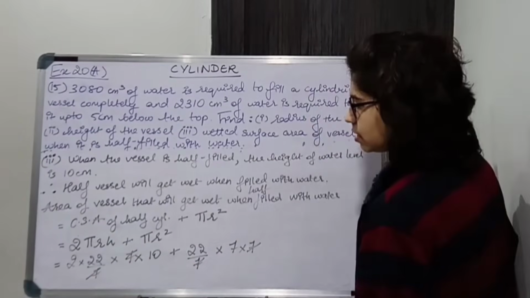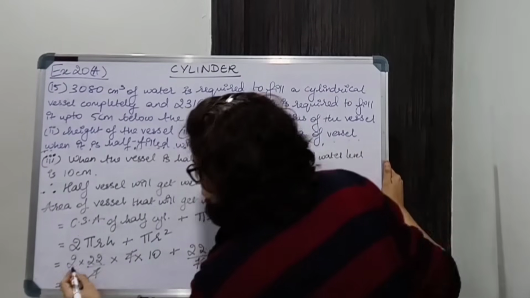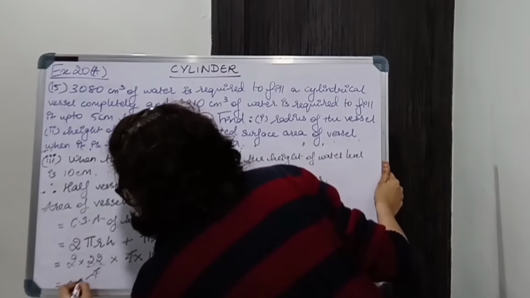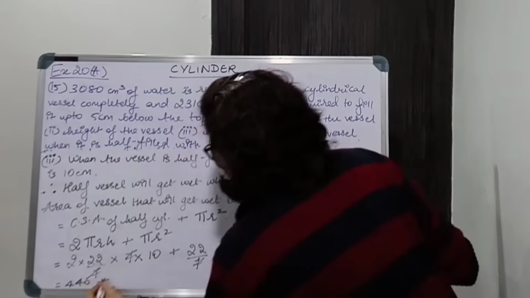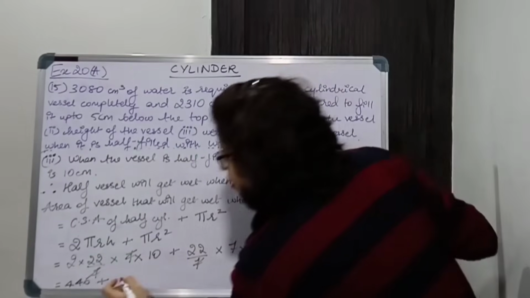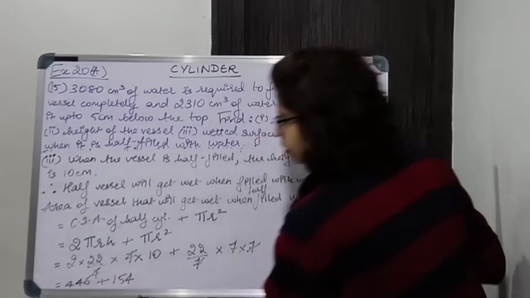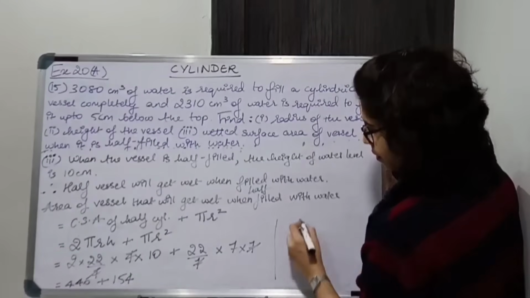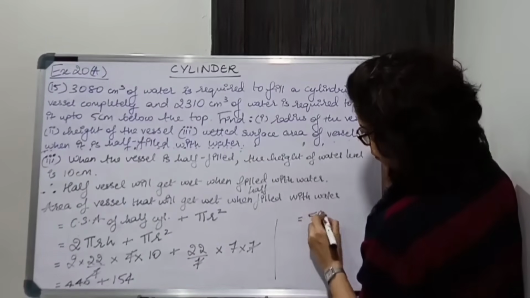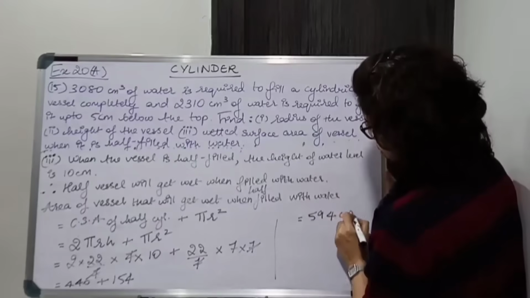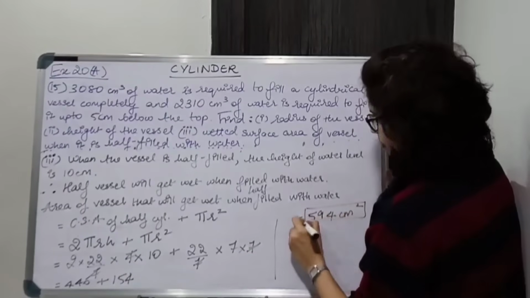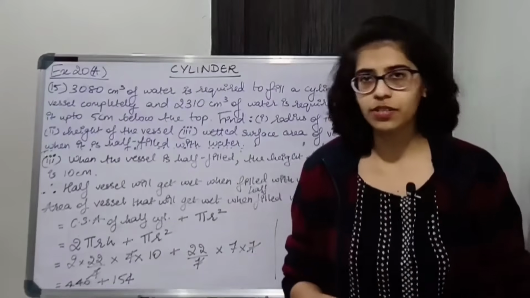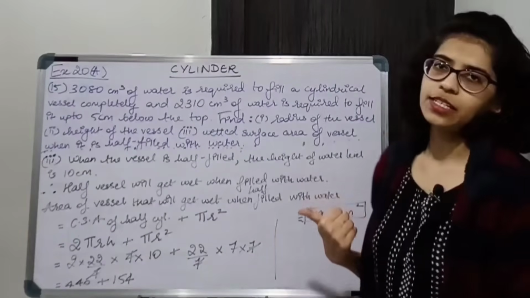Even this gets cancelled. 2 into 22 into 10, that gives you 440 plus 22 into 7 gives 154. ठीक है, so that will give me 594 centimeters square. All right, so wetted surface area of vessel when it is half filled with water is 594 centimeter square.